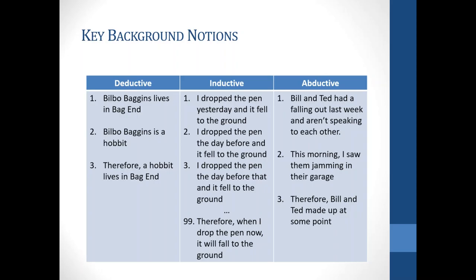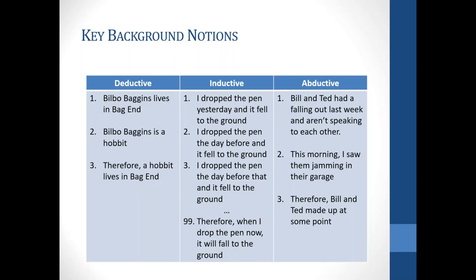This is the kind of thing that often happens in natural sciences. And the last type of argument we have is what we'll call an abductive argument. It's easy to get a run at this by thinking of an example. Bill and Ted had a fight last week, and they aren't speaking to each other. But this morning, I saw them in their garage jamming out with each other.